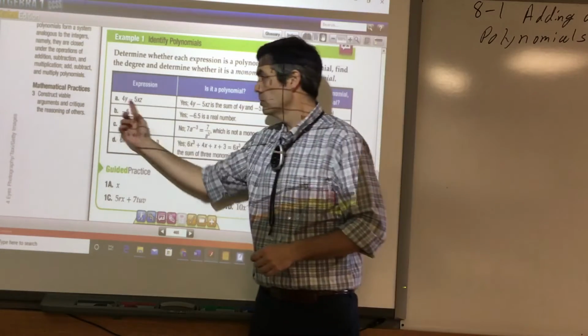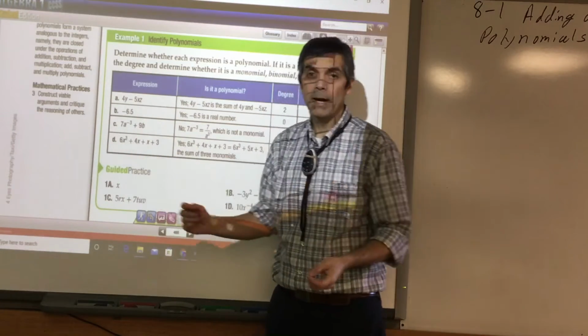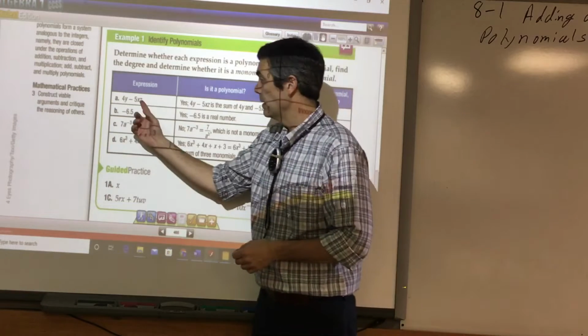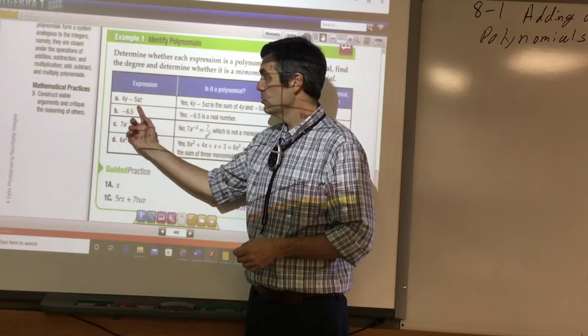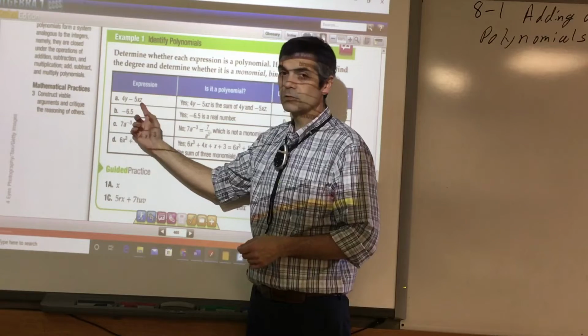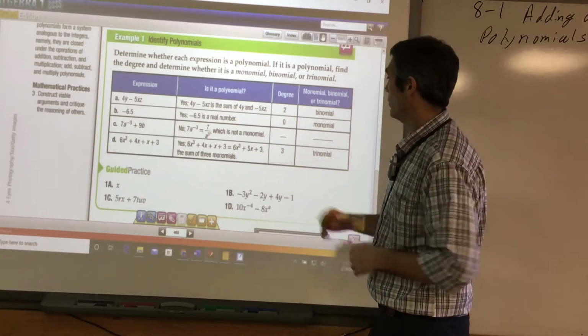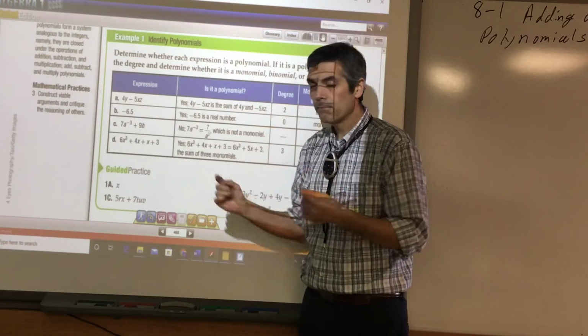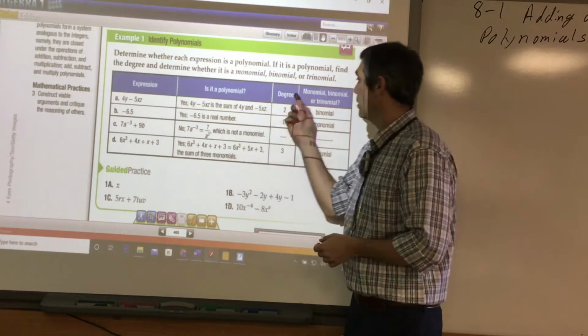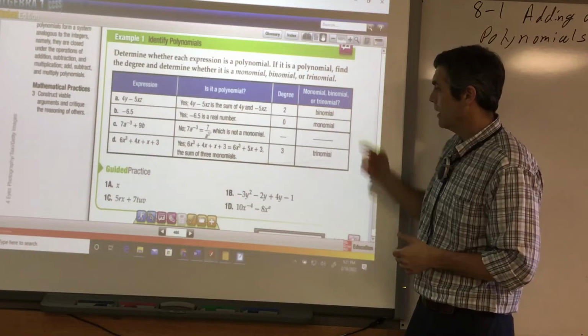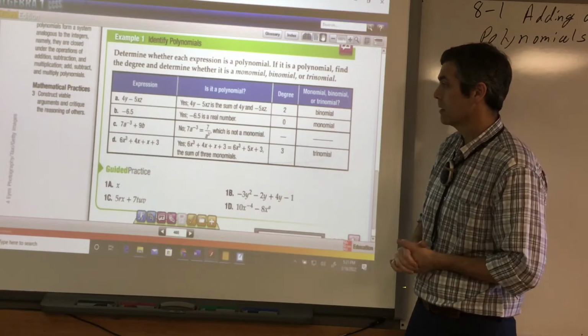Well, two terms, binomial. And the degree of this is 2, because the x is raised to the first and the z is raised to the first. That's 2. You combine them. So yes, it is a polynomial. The degree is 2, and it's a binomial.